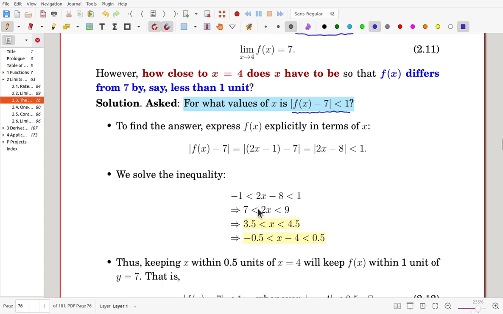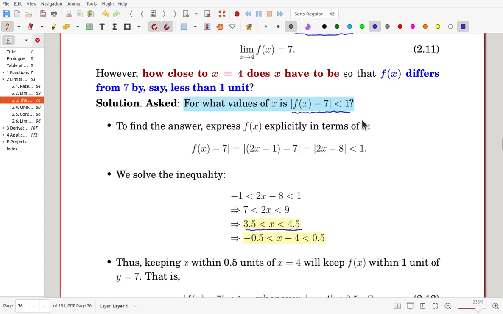And by dividing by 2, we reach this final inequality. So x is between 3.5 and 4.5. Then that inequality will be satisfied. Whenever you choose x inside this interval, always the difference between f of x and 7 will be bounded by 1.